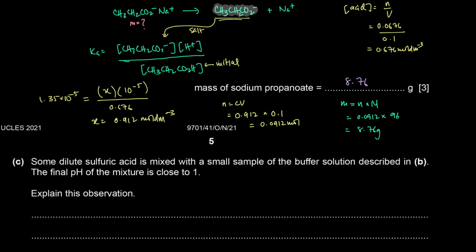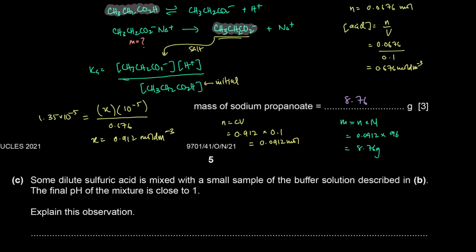So when we add the acid to this solution, what does it react with in the buffer solution? When we add sulfuric acid, H plus reacts with what? Does it react with the acid or the conjugate base? We know that when sulfuric acid is added, it will give us a lot of H plus, which will react with the conjugate base. So over here, what's really happening is that we've added a very large amount of sulfuric acid, and therefore the buffer wasn't able to resist the change in pH.